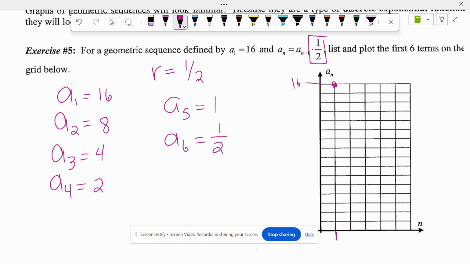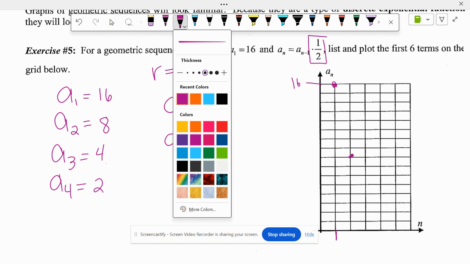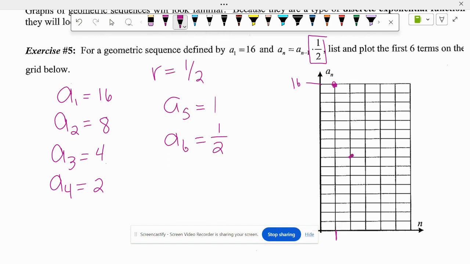When I had an output of 2, what was that? 2, 4, 6, 8. Okay, 3, my output was 4. 4, my output was 2. 5, my output was 1. And when n was 6, my output was 1/2.